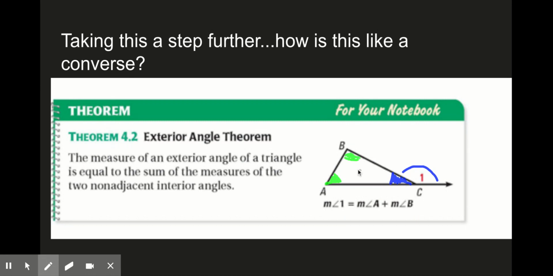Angle C right here. There's got to be 180 inside the triangle. We just learned that. So if I know that that's the case, that these two, when I add them together with this, will equal 180, then couldn't I also say, and if this also, when I add together with the blue, equals 180, then this by itself is equal to these two together.